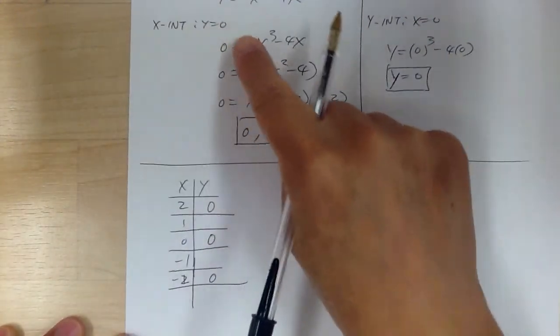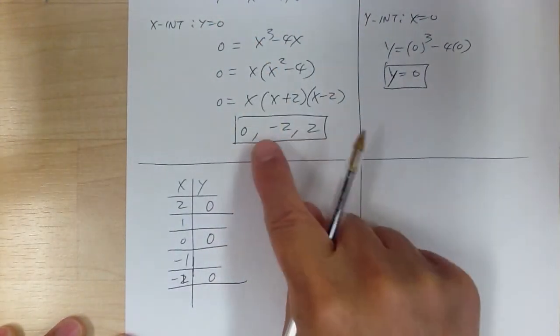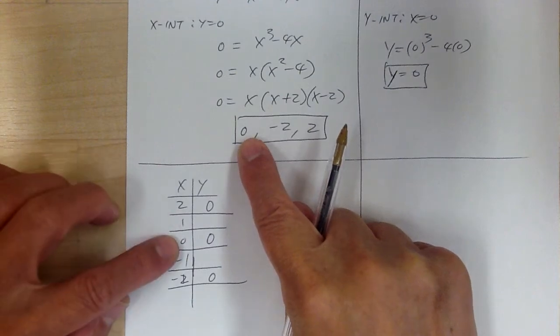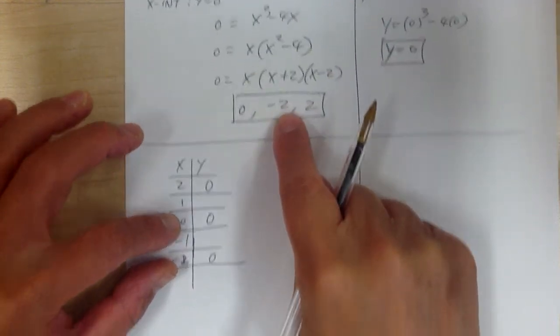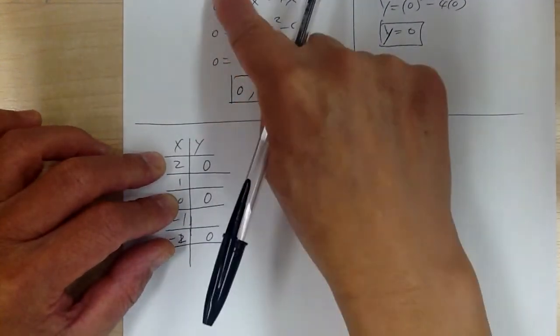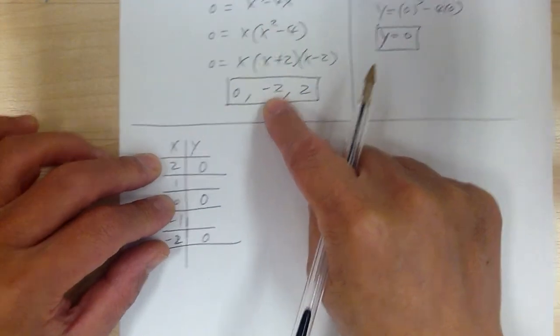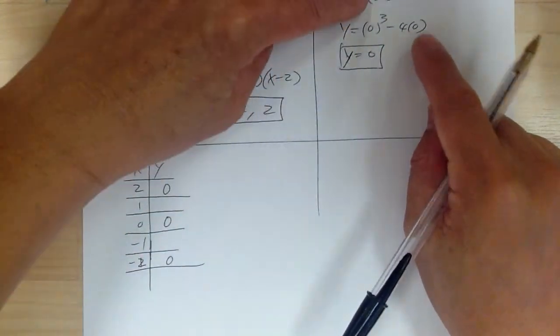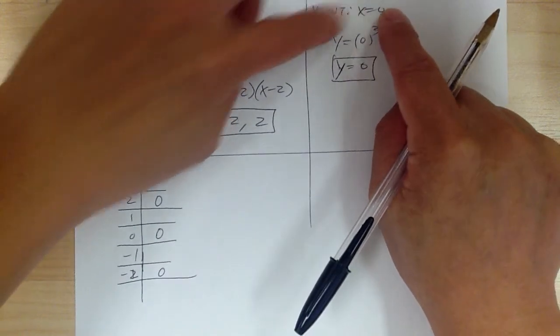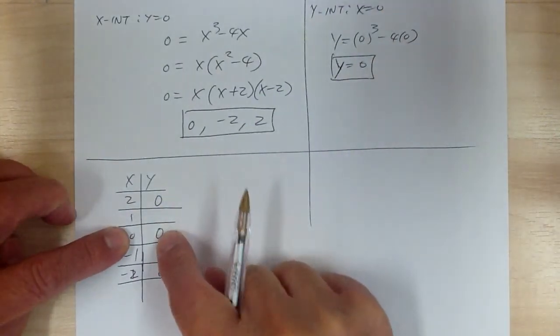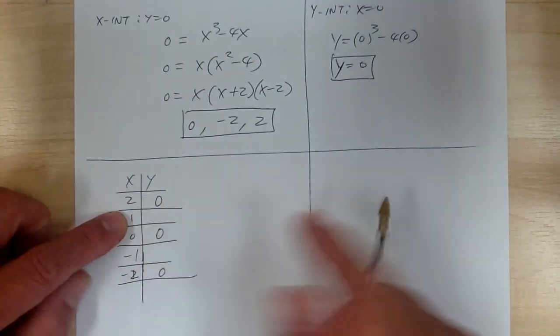See over here, y equal to 0 at these 3 points: at x equal to 0, x equal to negative 2, x equal to positive 2. Now let's go over here. The y-intercept, when x equal to 0, y equal to 0. See, everything will match. So all you need is those 2 more points.